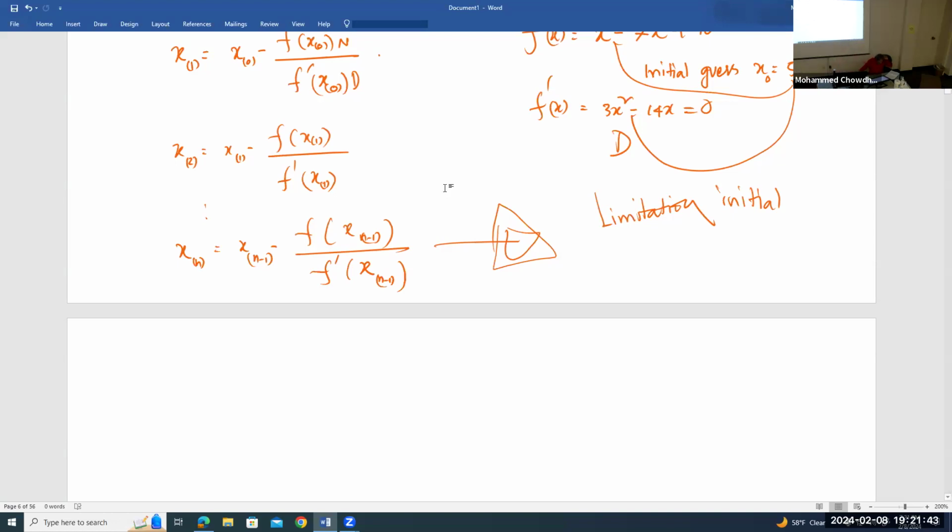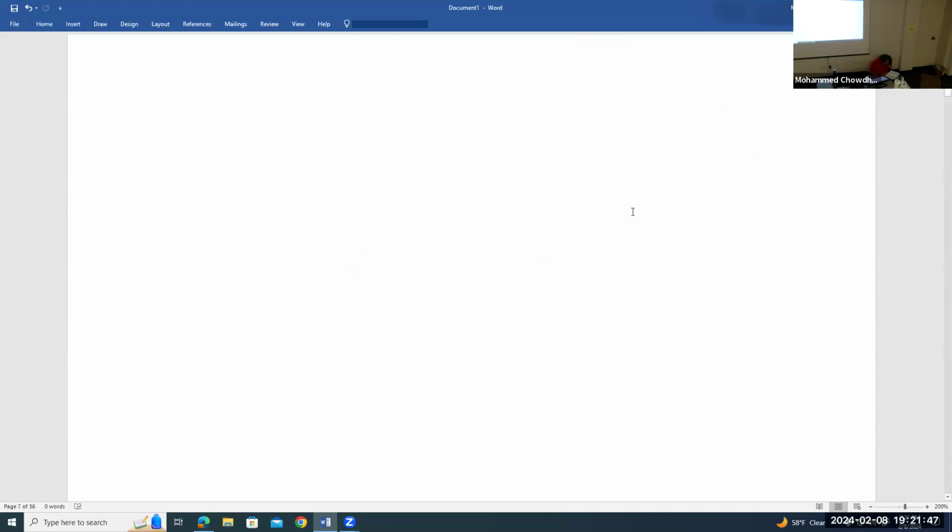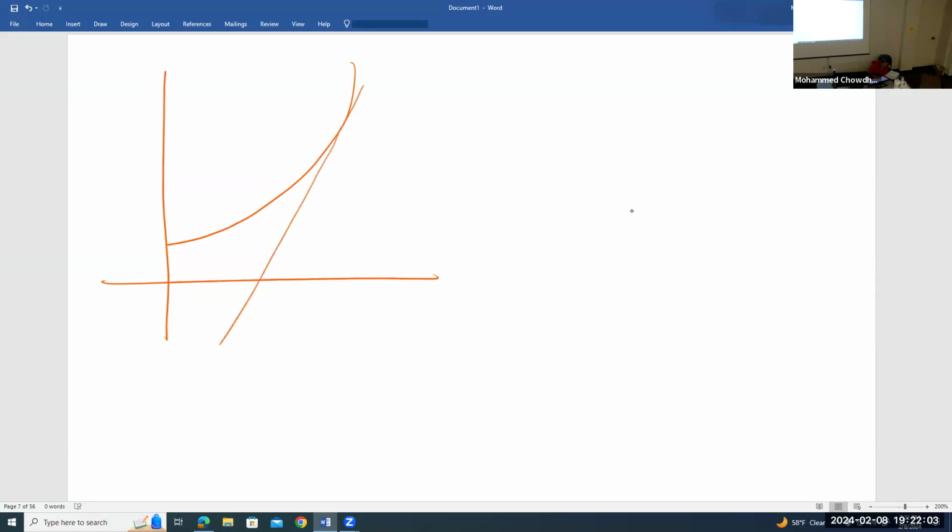Take a look at this one. I want to draw a figure in there. The figure looks like this, okay? And this is the equation of a tangent. This is called the tangent equation. Or more specifically, this is called the slope that I discussed previously, okay?